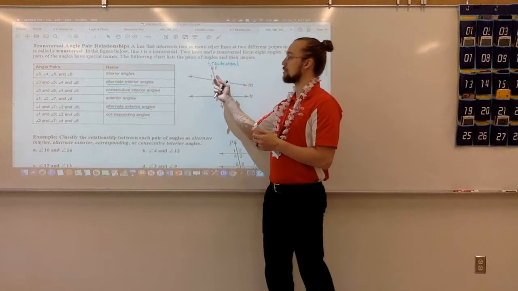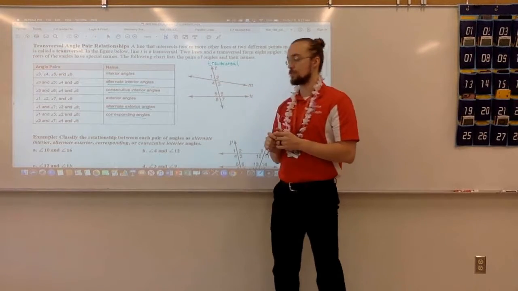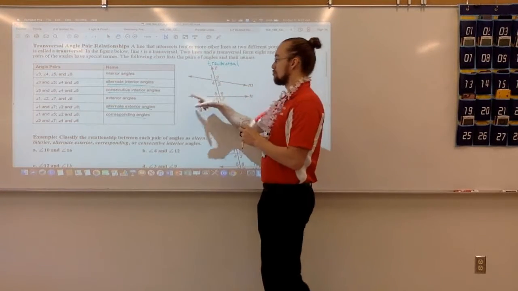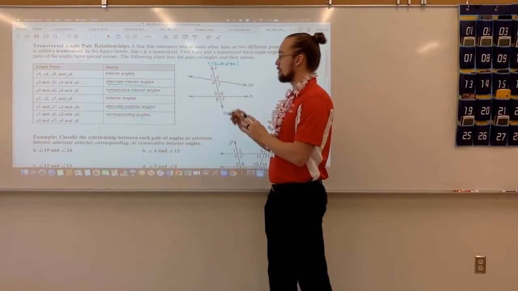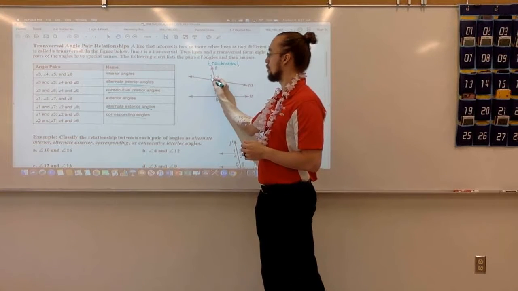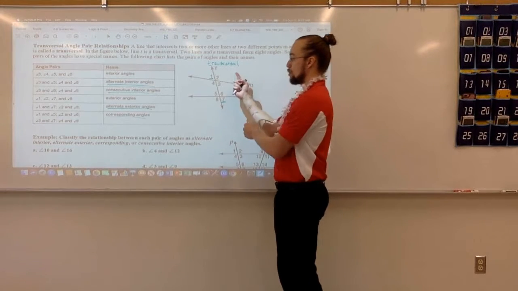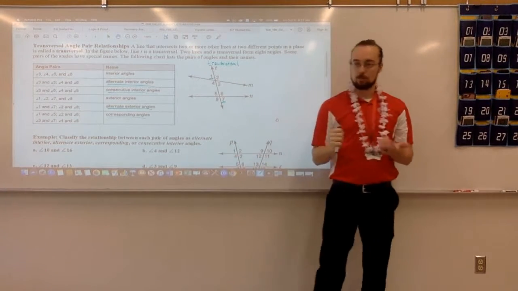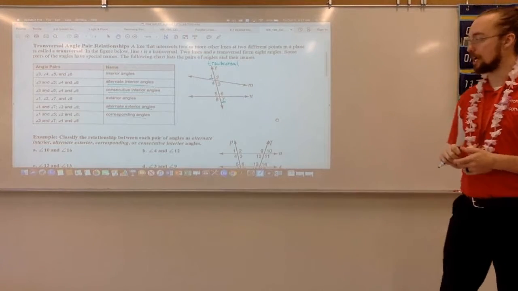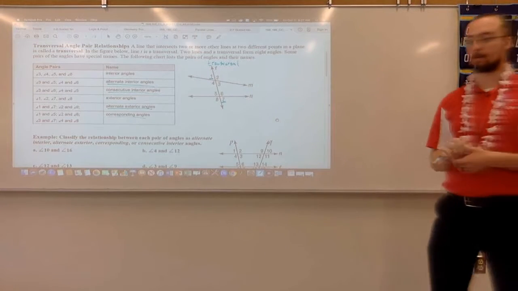Alternate means on opposite sides of the transversal. So 1 and 7 would be an example of a pair of alternate exterior angles, and then also 2 and 8.